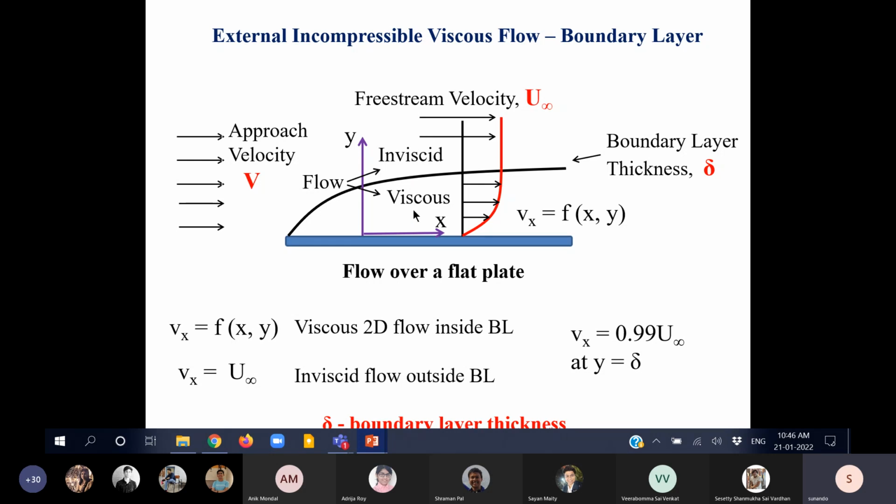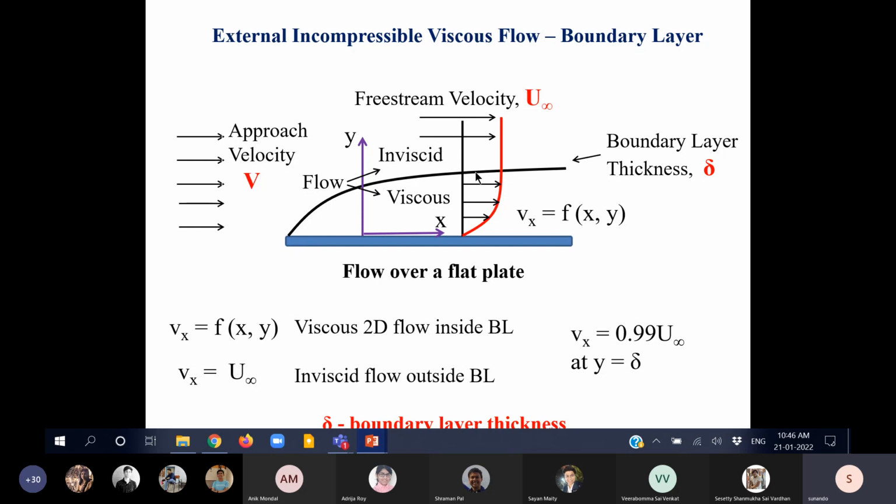And the imaginary layer inside which the viscous forces are important is called the boundary layer, and its thickness is generally denoted by the symbol delta. By looking at the velocity profile, you can see that the velocity approaches the free stream velocity asymptotically.